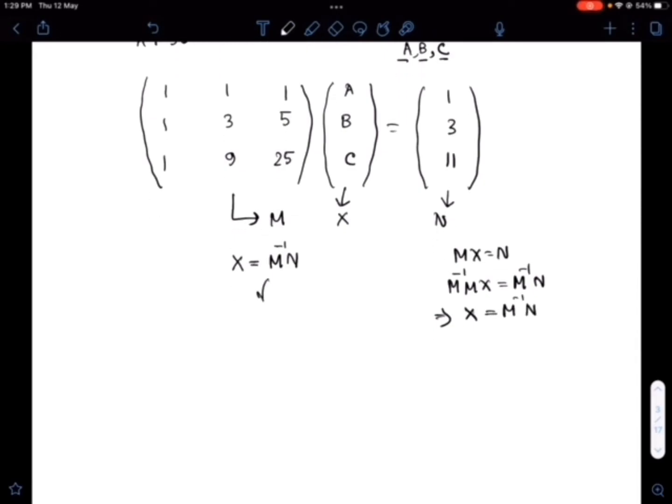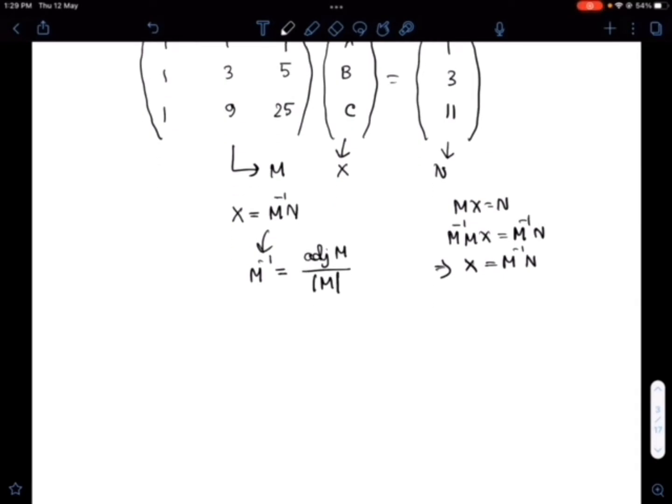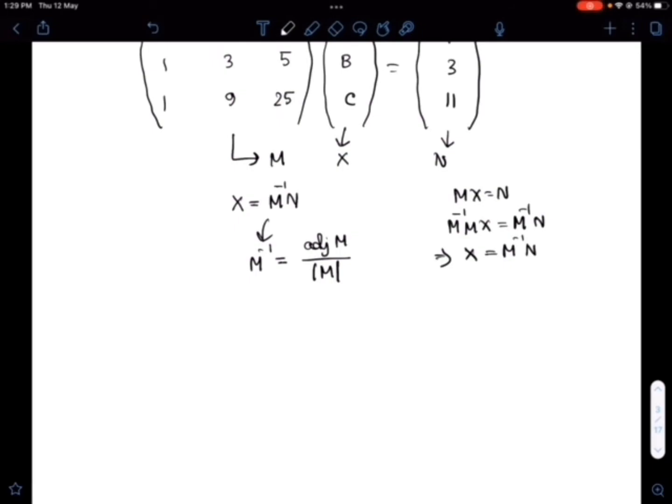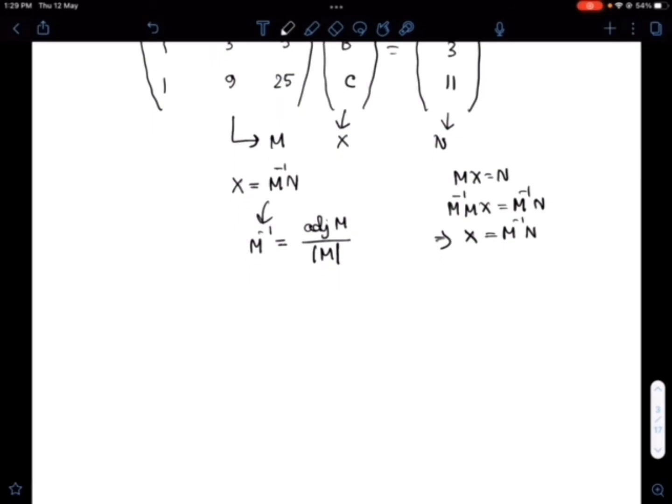And we know that the inverse of any matrix is defined as the adjoint of that matrix divided by the determinant of that matrix. So we can calculate this adjoint and determinant, and from that relation we can calculate X, and it turns out that for the given matrix, A is 1 by 4, B is 1 half, and C is 1 by 4.